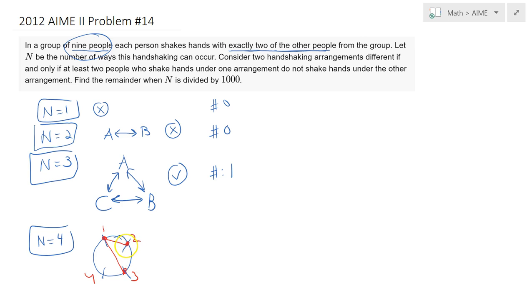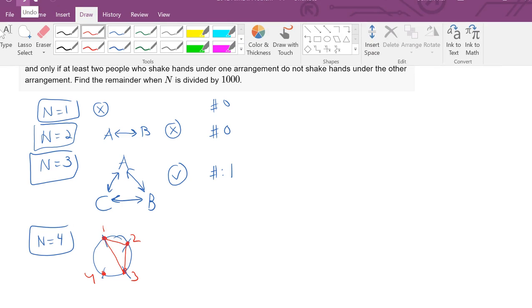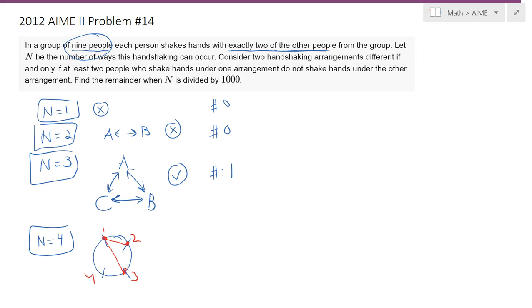No, because if 2 shakes hands with number 3 directly, then 1, 2, 3 is in a cycle in a sense. They can't shake hands with anybody else, but 4 needs to shake hands with 2 other people, so that's not going to work. So therefore we need to make sure 2 shakes hands with 4.